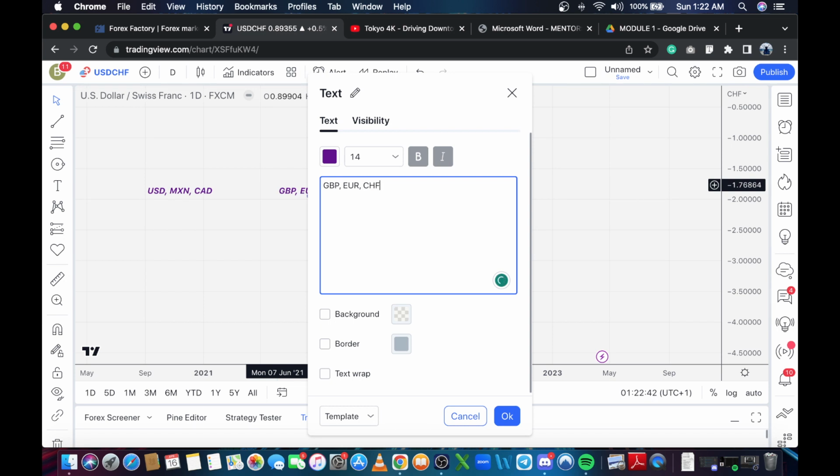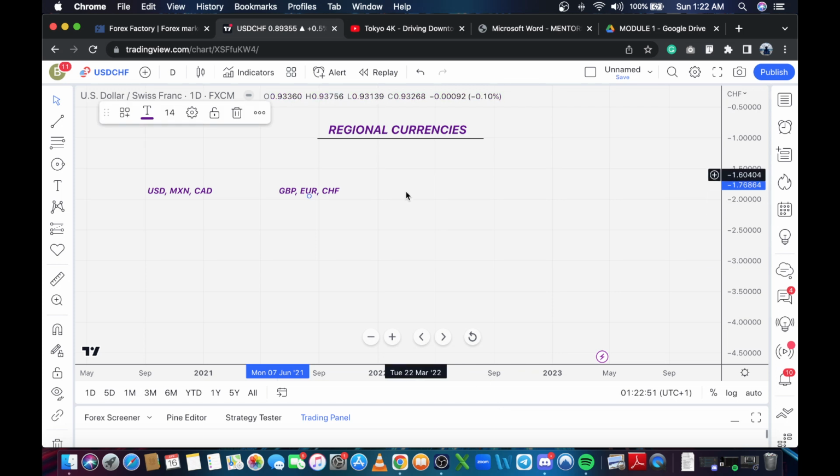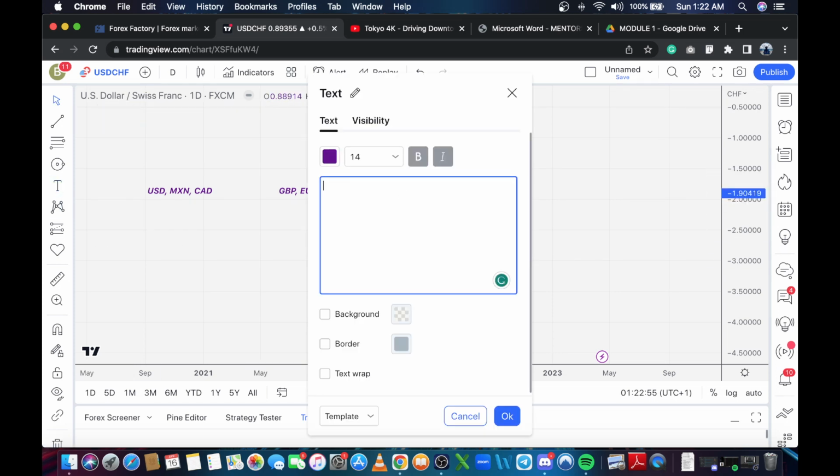And for the third region, which I call Oceania, the islands of Australia and New Zealand, we have the Aussie dollar, the New Zealand dollar, and you can add in yen sometimes.